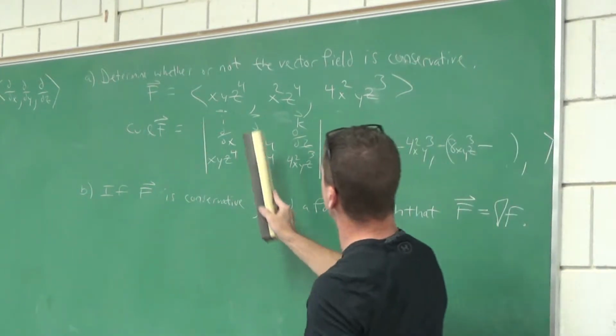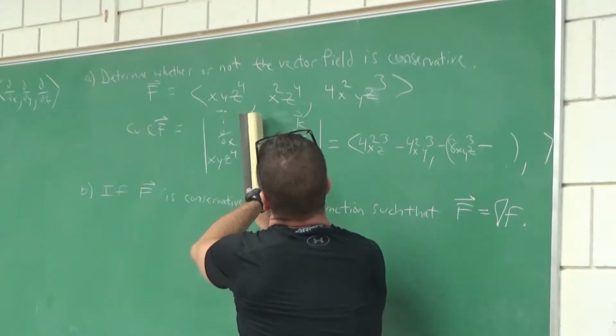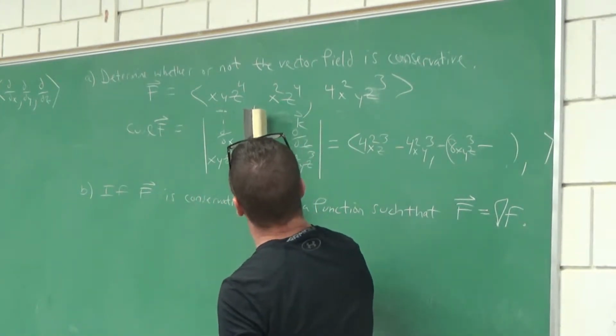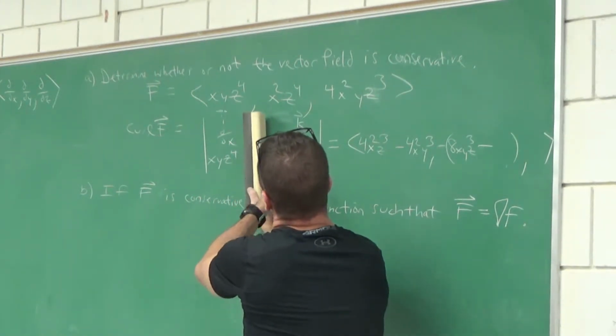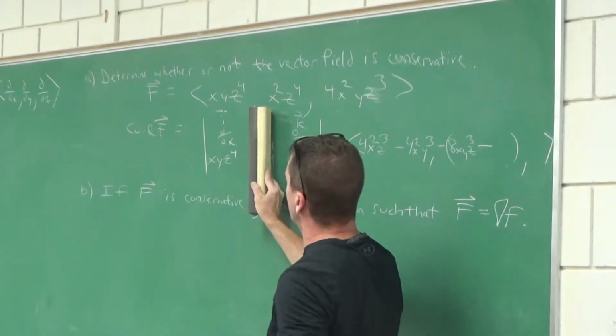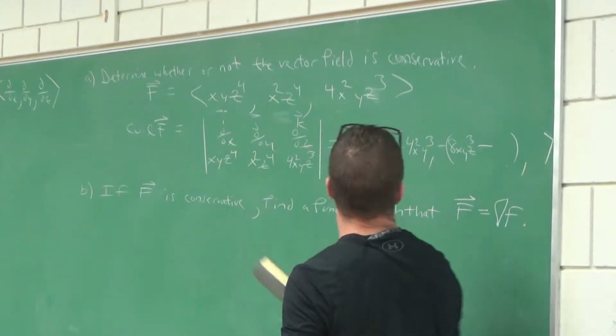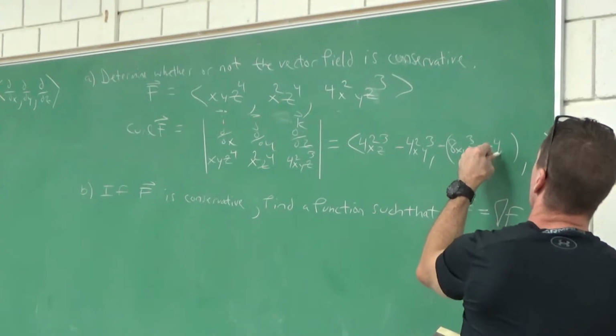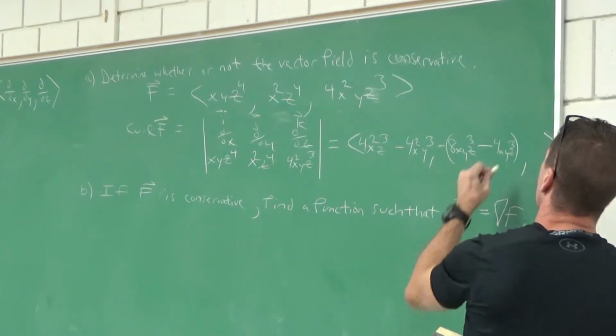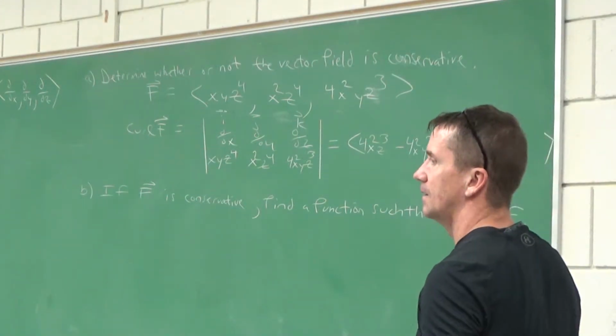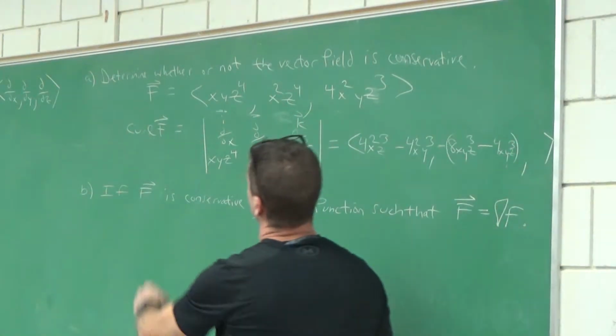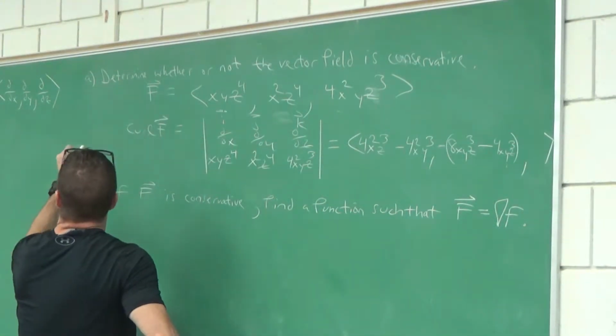I'm going to do this again. We did this times this for the middle component, 8x y z cubed, then we took the partial with respect to z here, and we got only 4x y z cubed. Should I keep going? No. Stop right here. Not conservative.